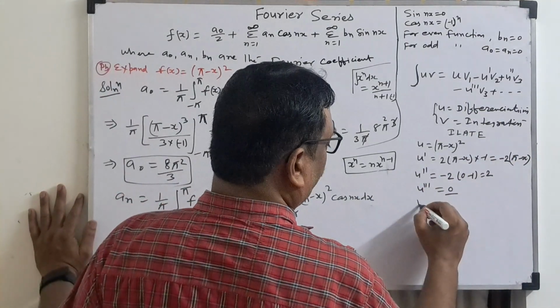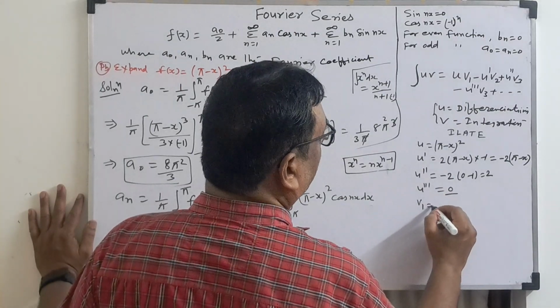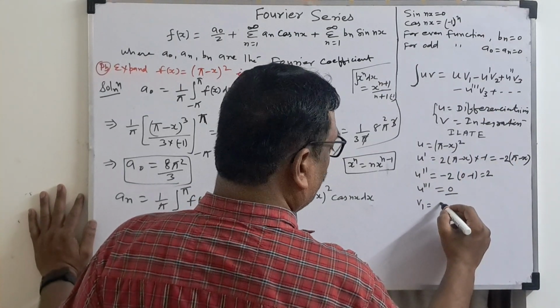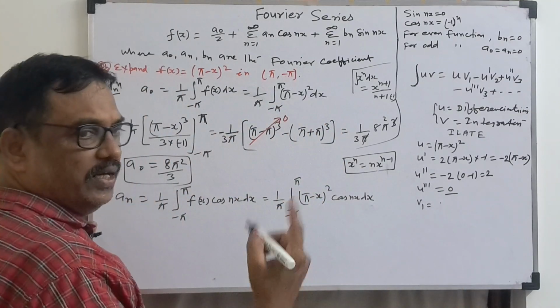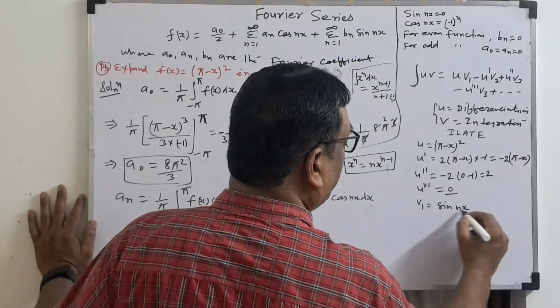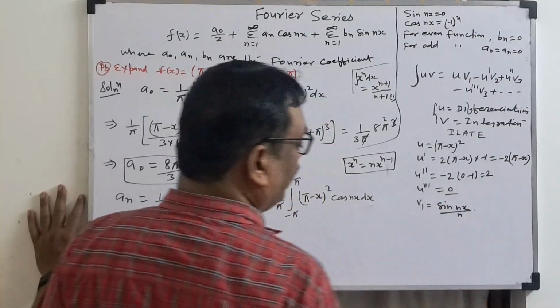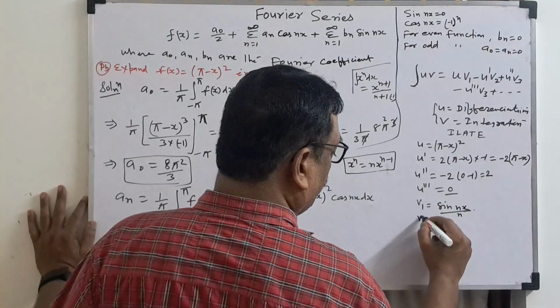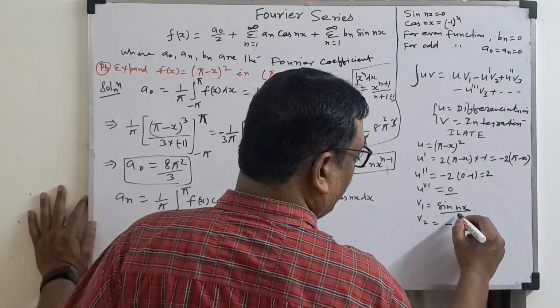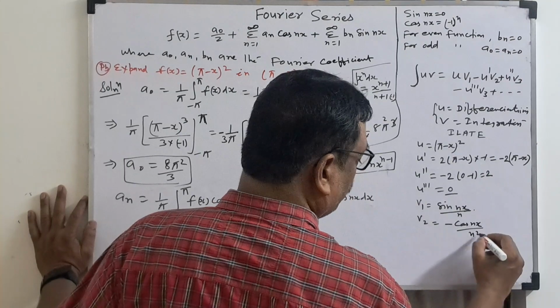Now take v1. What is v1? Integrate this cos nx. Cos integration is sine, so sine nx by n. If you go to v2, minus cos nx. Already n is there, one more n will come, so n square.